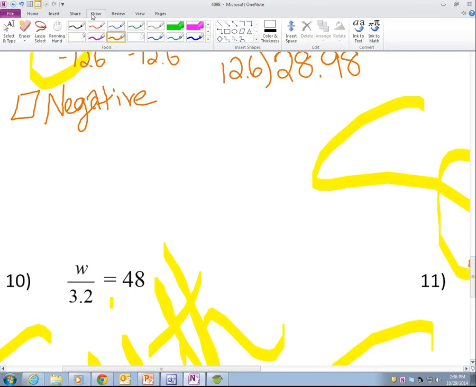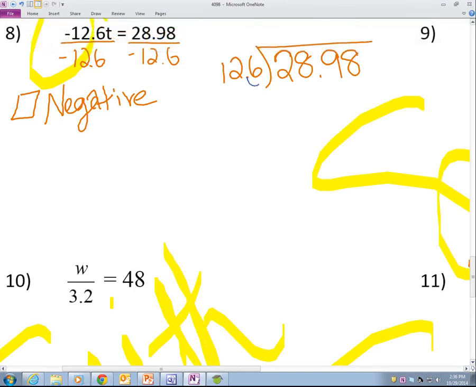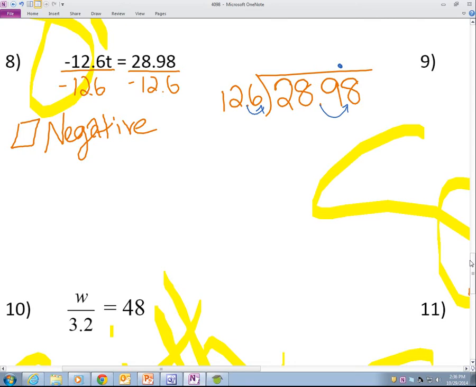And I cannot have any decimals in my divisor, so this gets moved to here. I have to do the same to my dividend. Then I move my decimal point, put it right there. 126 goes into 289 twice.